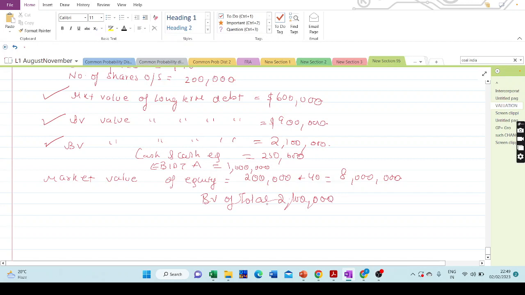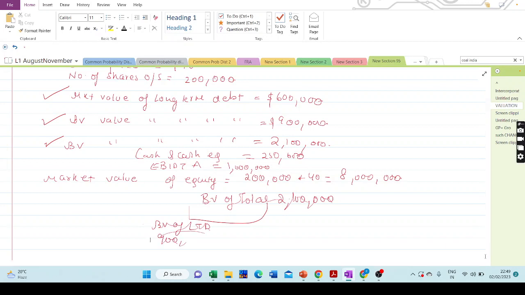Out of this 2.1 million, book value of long-term debt is 900,000. So what should be the book value of short-term debt, guys? 2.1 million minus 900,000, which is 12 lakhs, right?